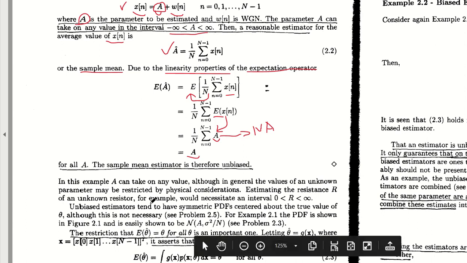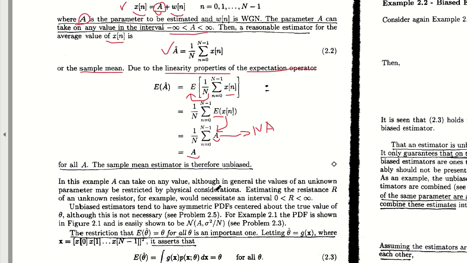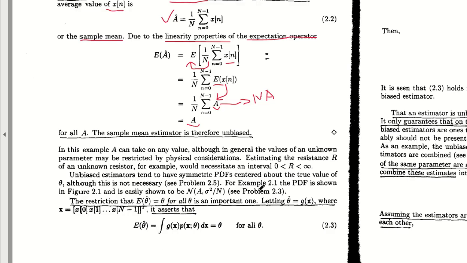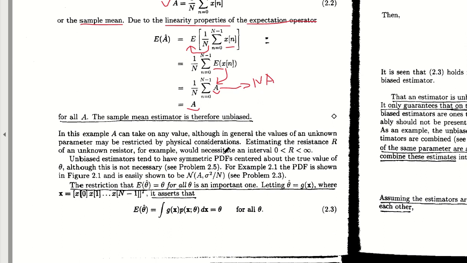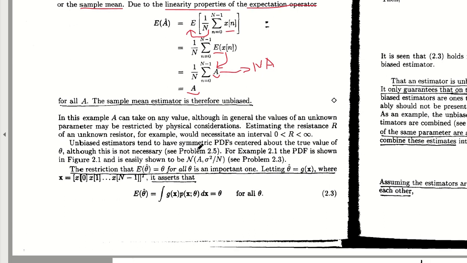In this example, A can take on any value. Although in general, values of an unknown parameter may be restricted by physical considerations. Estimating a resistance, for example, would necessitate an interval of 0 less than R, right? The resistance is always larger than 0.